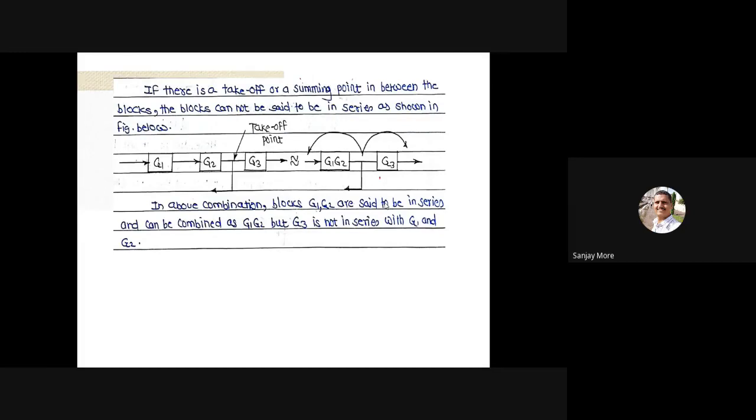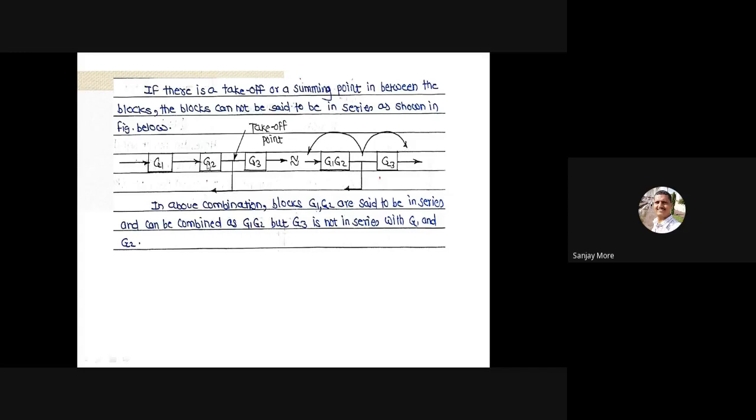If there is a takeoff point or a summing point in between the blocks, the blocks cannot be said to be in series, as shown in the figure. Here G1 and G2 are in series, but G3 is not.